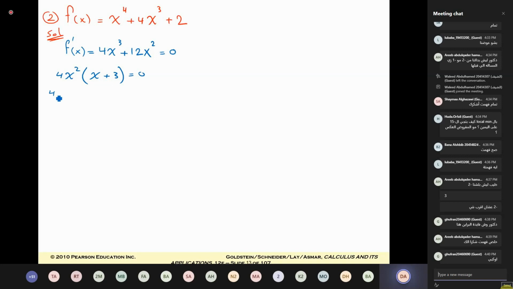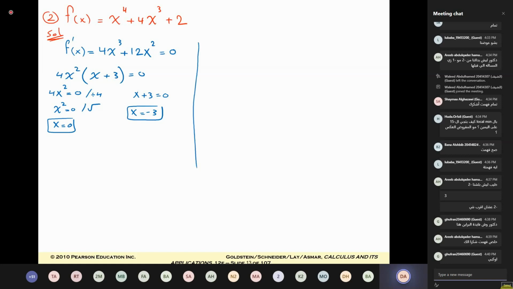So we have 4x squared equals 0, by divide by 4 we have x squared, take the radical, so we have x equals 0. This is the first critical point. Or x plus 3 equals 0, so we have x equal negative 3. This is the second critical point.